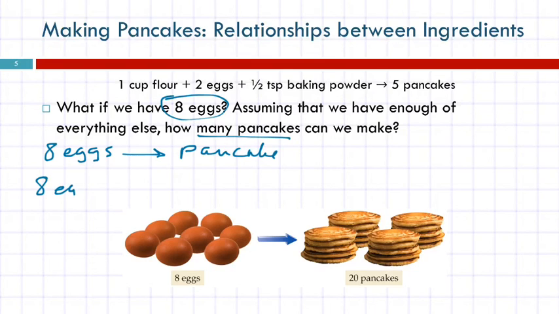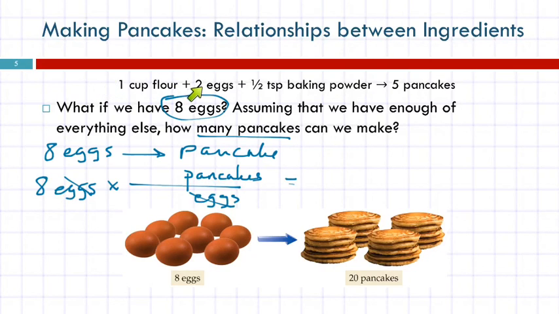So we start with 8 eggs. There's 1 arrow. We've got 1 conversion factor. Pancakes go on top. Eggs go on bottom. And the unit eggs will cancel out. This relationship between pancakes and eggs comes from our recipe, our equation for making pancakes.